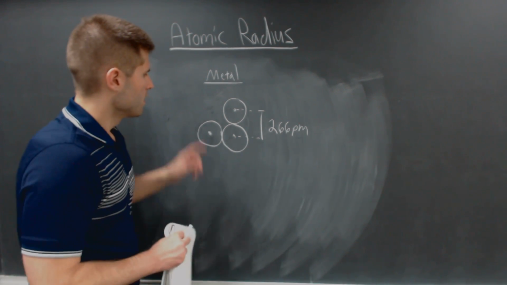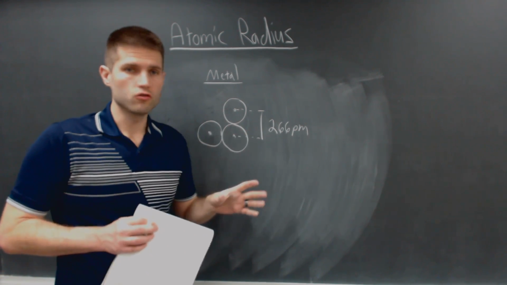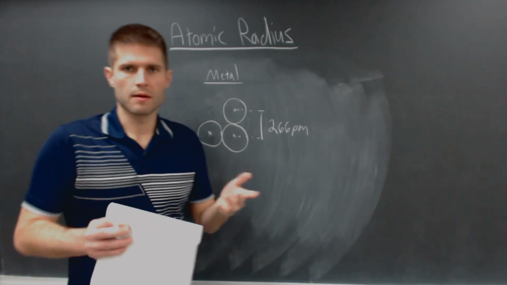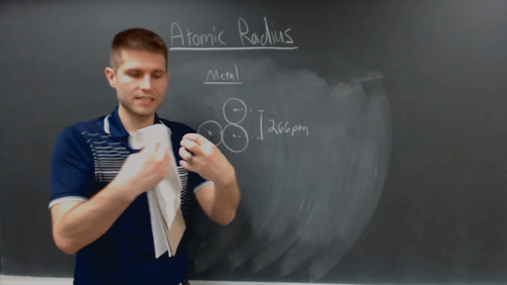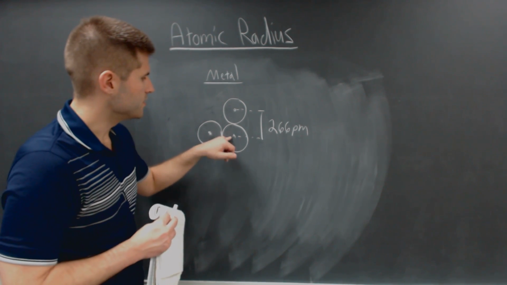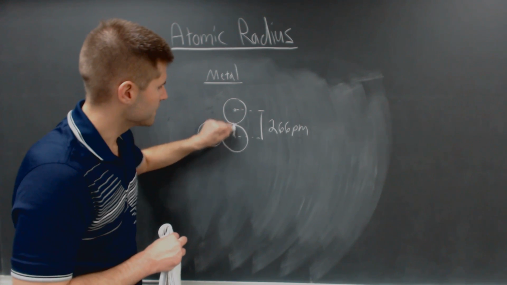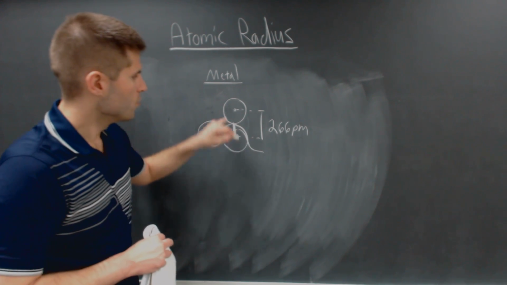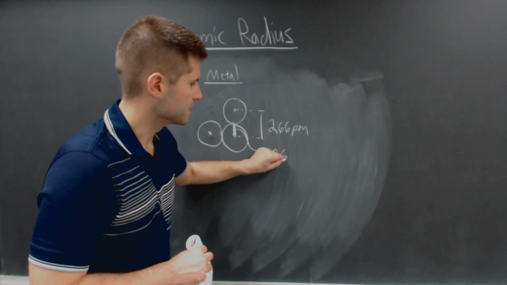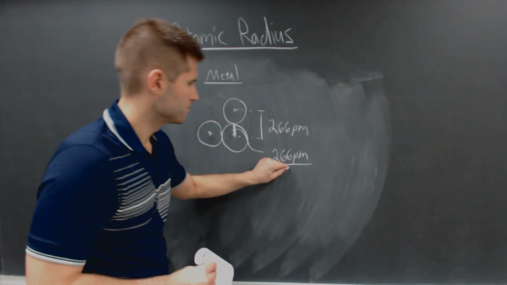Okay. For a metal, we've assumed that the shells of the metal do not overlap. Remember, metal-metal interactions, there is no overlapping. This isn't a covalently bonded system. So what we can do in order to find the radius of a certain atom is take the total distance between the nuclei, 266 picometers, and simply divide by 2.